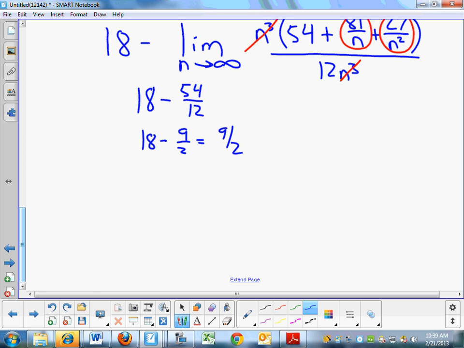No, what happened? Oh, sorry. Okay. 18, so 36 over 2 minus 9 over 2 is 27 over 2, or 13.5. There you go. That's what I had in my notes.